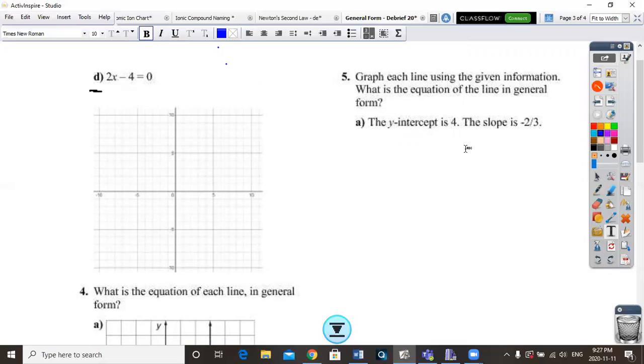All right. So right away, off the bat here, we have the y-intercept is 4. So b equals 4. And the slope is -2/3. So m equals -2/3. Now I'm not going to write out all my steps. As you've seen in the notes on Teams, I explained each step.